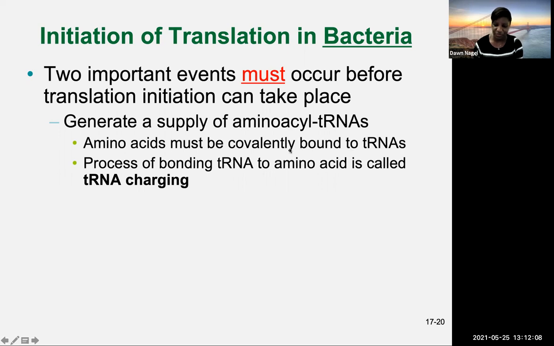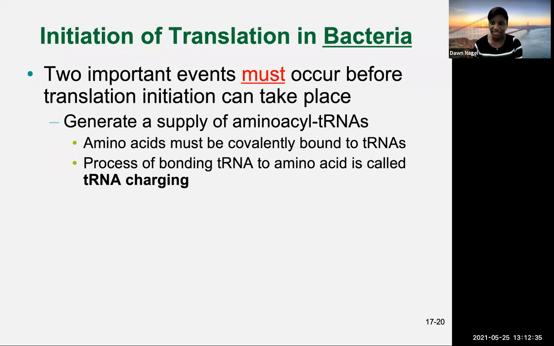Because it's not encoded in the tRNA, the amino acid gets added to the tRNA. And this addition of the amino acid to the tRNA is referred to as tRNA charging. So you're charging the tRNA because you're adding this amino acid to it. And the process that you're doing this is referred to as charging. And we'll see what I mean in a minute.